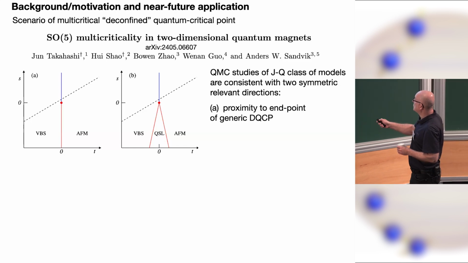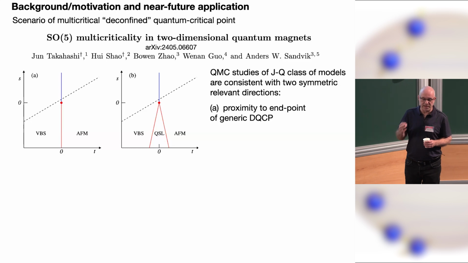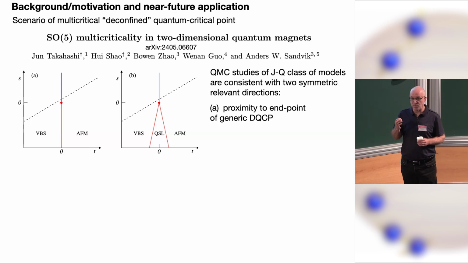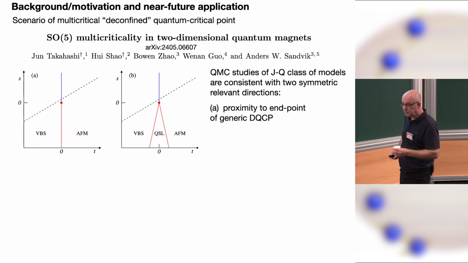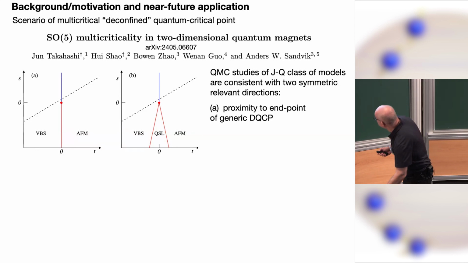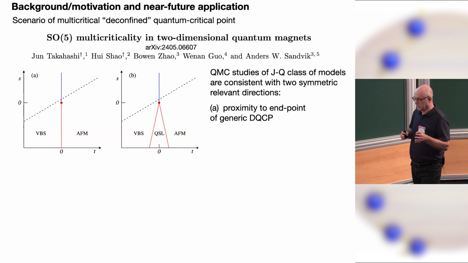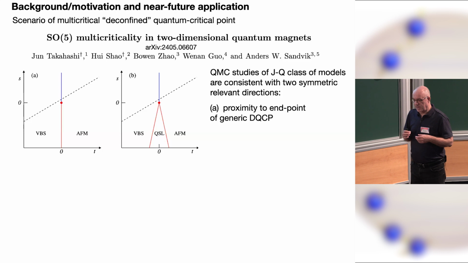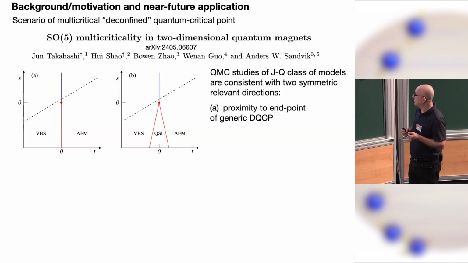Okay, but we have these two scenarios. We cannot really distinguish between them, but in either case, what we believe is that we see the scaling dimensions of a multicritical point. So what's the dashed line here? Okay, so again, you see I have two tuning parameters here, right? Corresponding to, in a model, changing two parameters without changing the symmetry of the model.